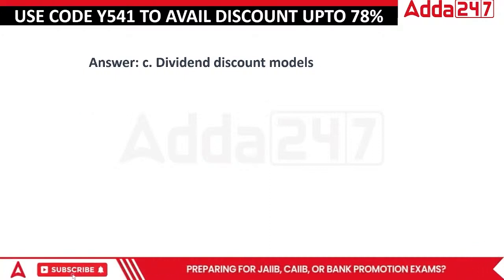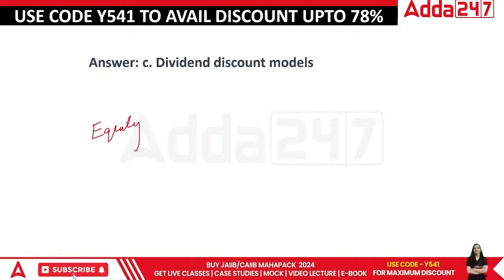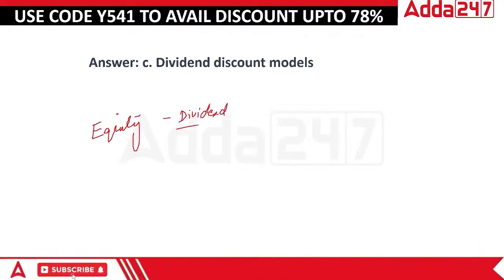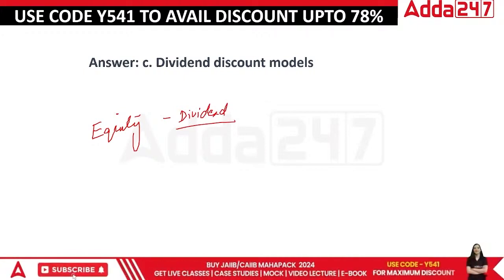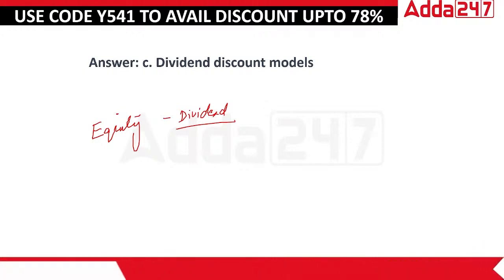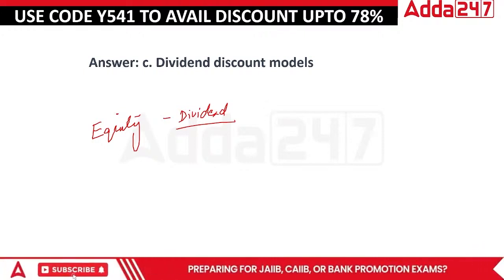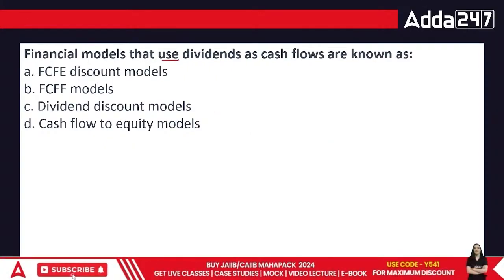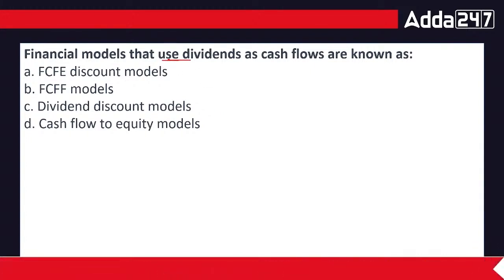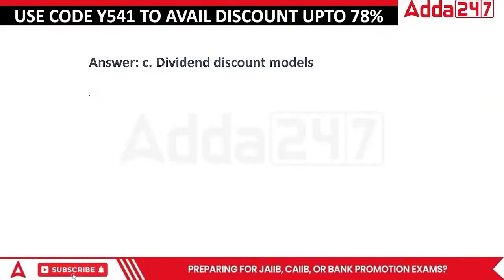Because these people receive the dividends. Equity shareholders' share in the business is always dividend. There is nothing else that helps them. Dividend discount models is the answer.